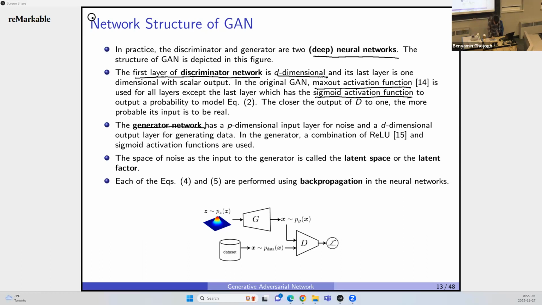For the generator network, its input is p-dimensional and output is d-dimensional. If it is an image, the output should be like an image. It can be a vector reshaped to an image or a convolutional layer. That doesn't matter. They use the ReLU activation function and the sigmoid activation function, a combination of both. And the space of noise is also called latent space or latent factor.